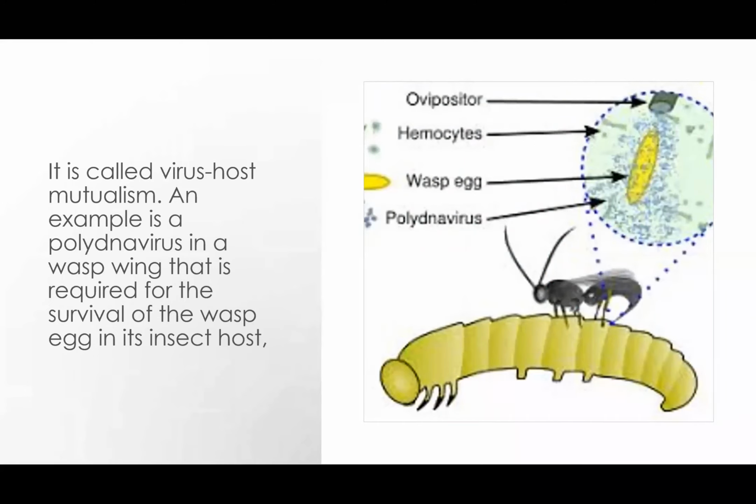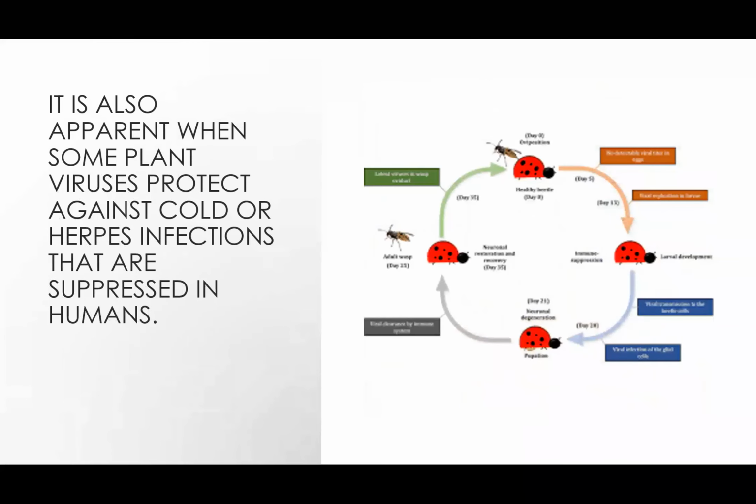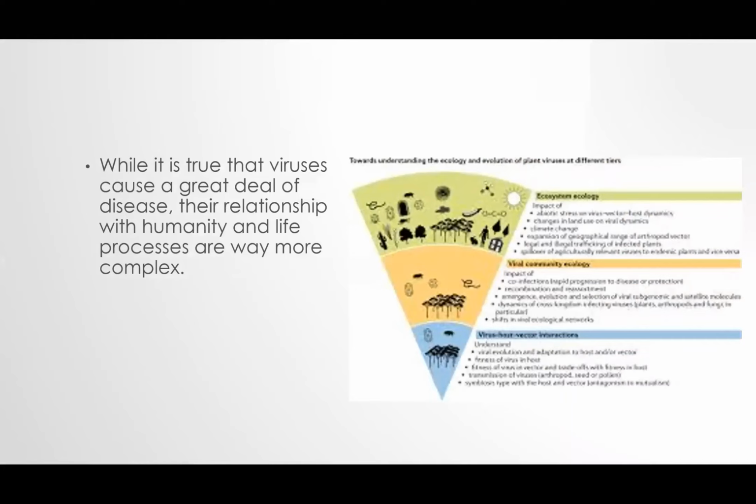An example is a poly-DNA virus in a wasp wing that is required for the survival of the wasp egg in its insect host. It is also apparent when some plant viruses protect against cold or herpes infections that are suppressed in humans. While it is true that viruses cause a great deal of disease, their relationship with humanity and life processes are way more complex.